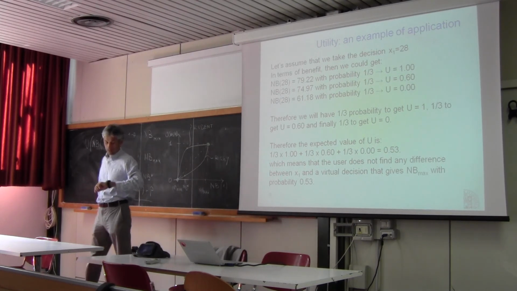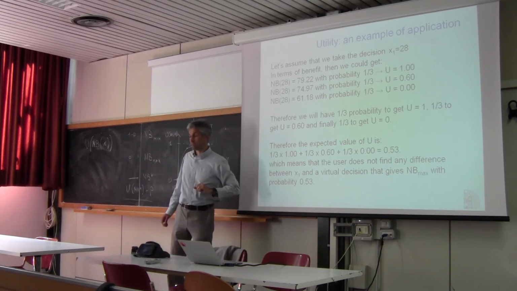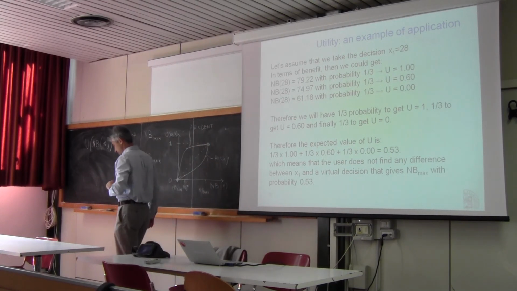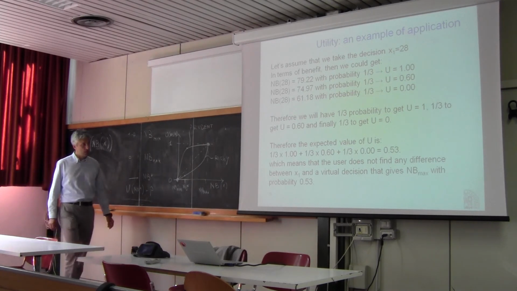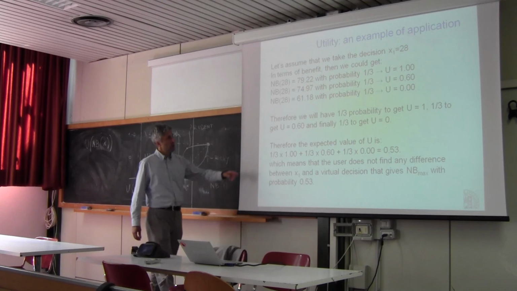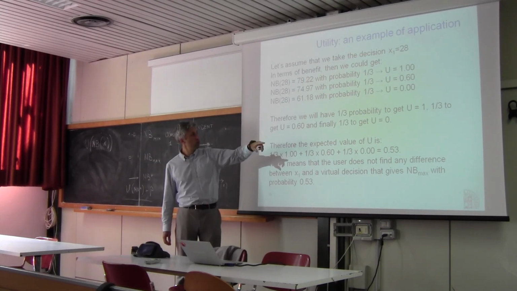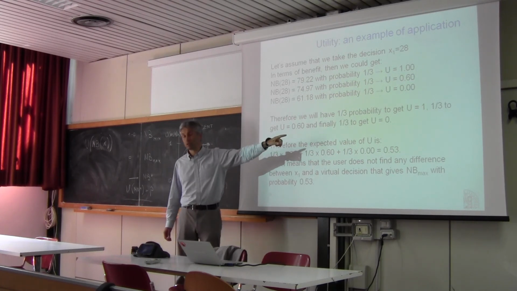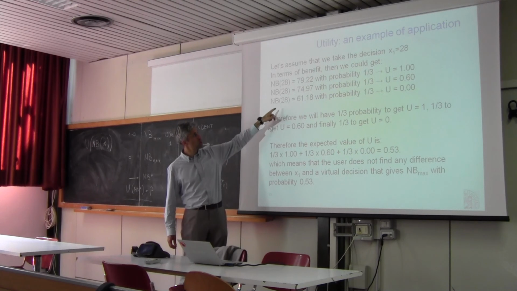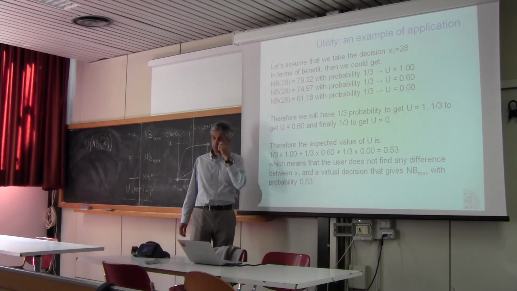And so forth for the third outcome. Now, we will have 1/3 probability to get utility 1, 1/3 to get 0.6, and finally 1/3 to get 0, because the third possible outcome is the minimum benefit.